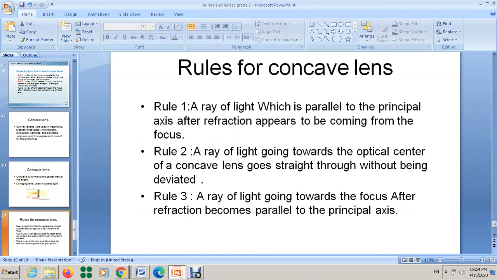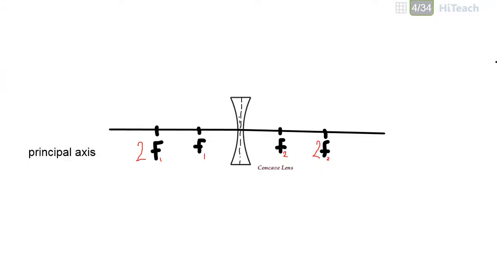To understand these rules first, bring a pencil, paper and ruler to start drawing these rules together. The first thing you have to draw at the middle here is the concave lens. At the center of the concave lens you have to determine the optical center.